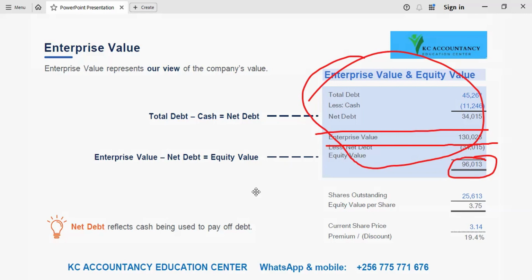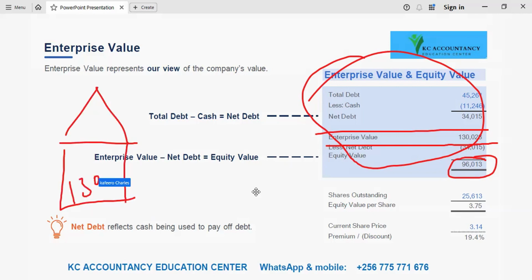If we owned a house that is worth $130, meaning the whole house is worth $130, then the net debt is like the debt we have, let's say, to the mortgage. Let's assume that we have a mortgage of 34,000 US dollars.